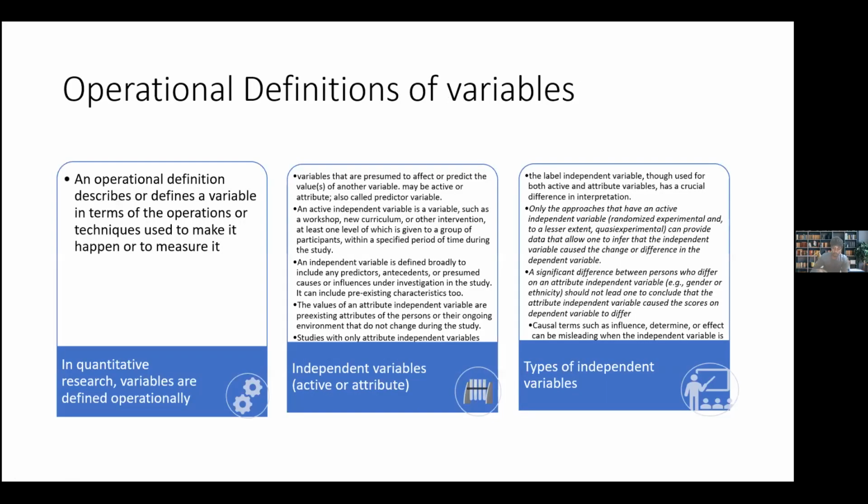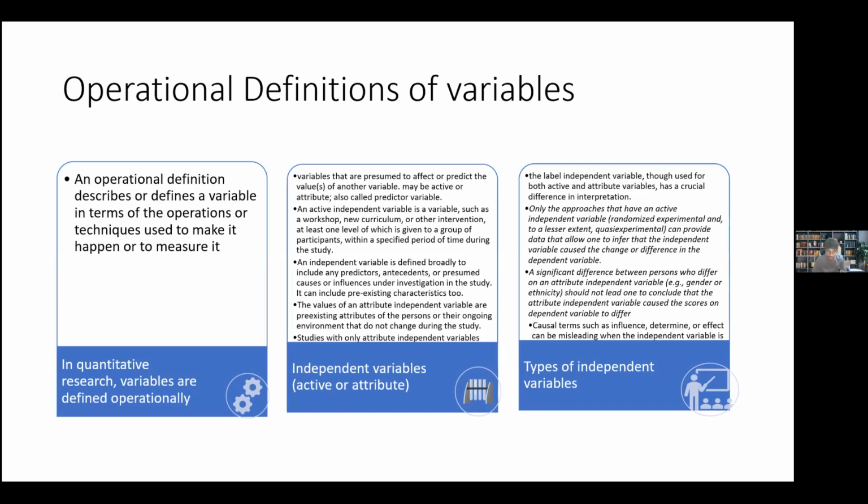Right. So now we had variables and we also have to operationally define them. Before taking the variables into the study, we have to operationally define them. The way we operationally define them determines what the variable becomes.